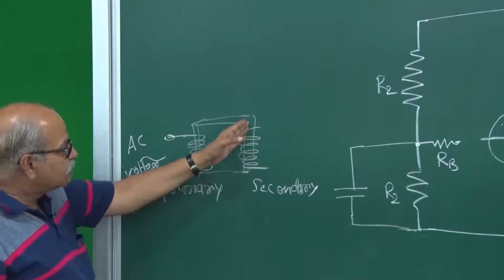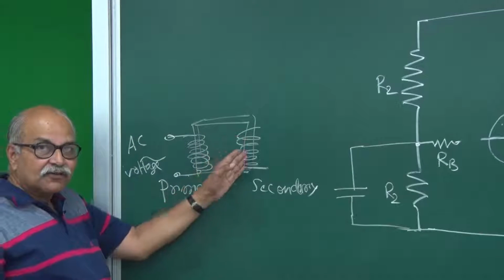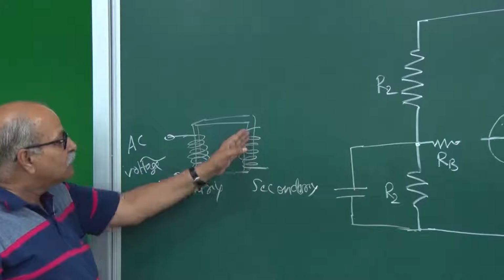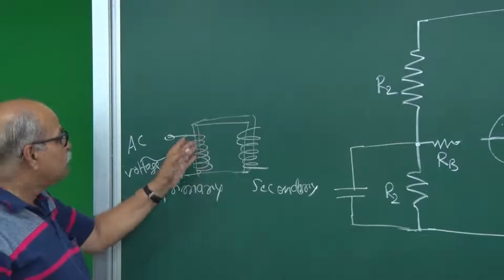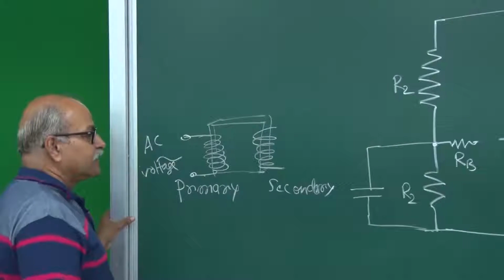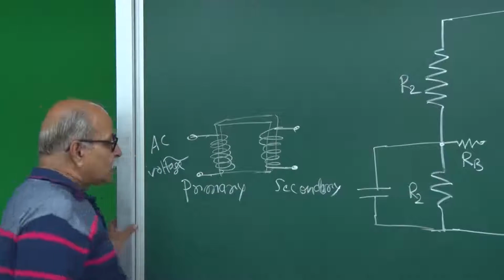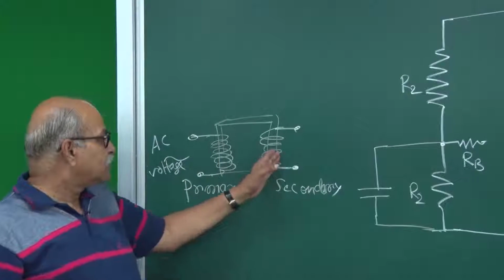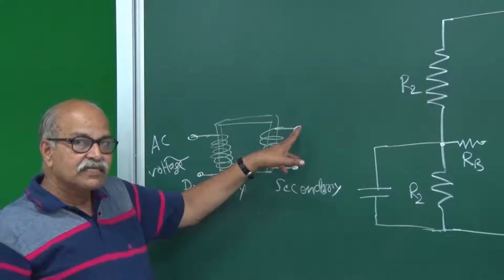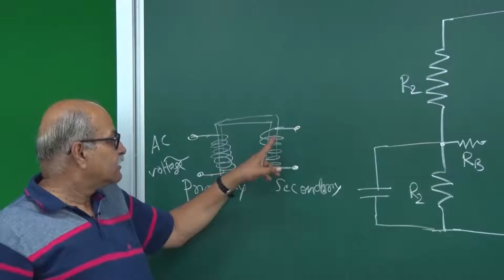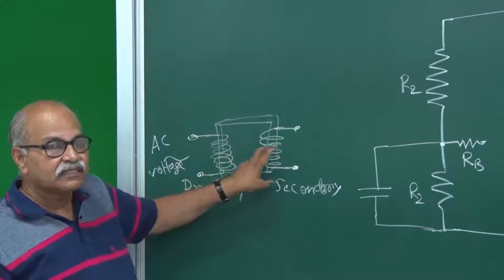A flux is generated. Since it is varying with time, this flux also changes with time, and then you have a voltage induced here. Then you have all that mutual inductance, all those mathematics can be done. So you produce a voltage here, and the ratio can be determined. How much voltage is here and how much voltage is here, that is determined by the number of turns here and number of turns here.